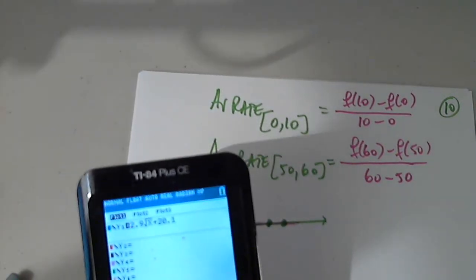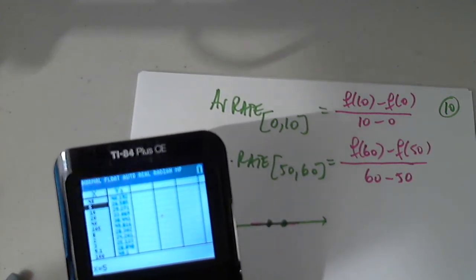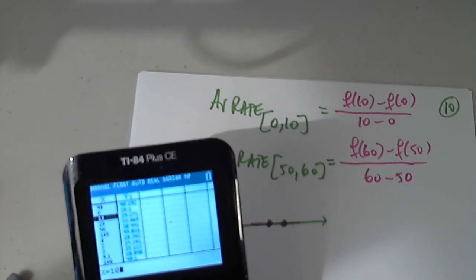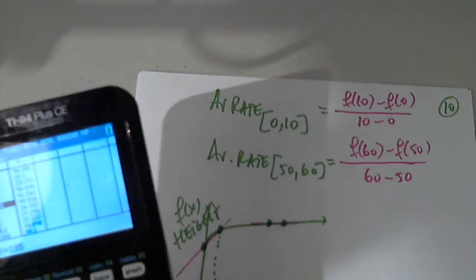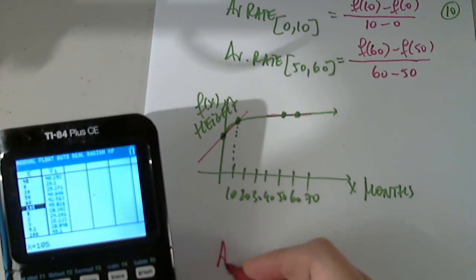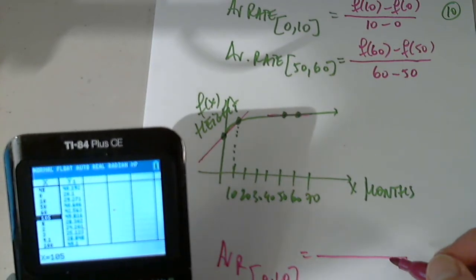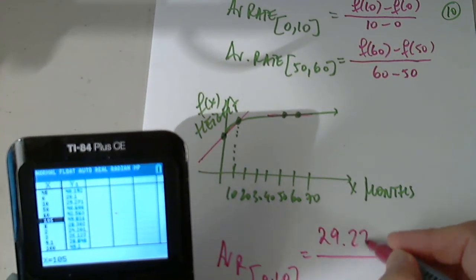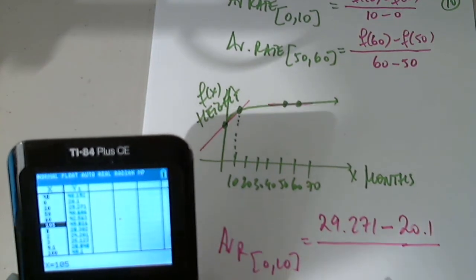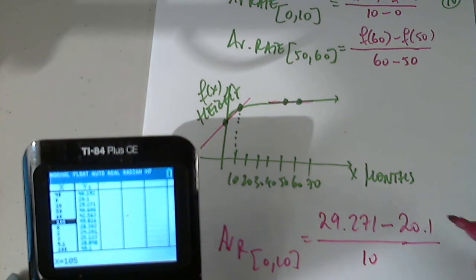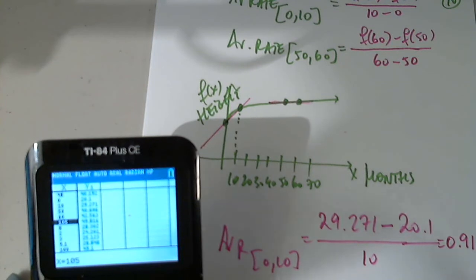I'm going to plug in the numbers in the calculator. We have the function already. So go to second and table and plug in the rest: 0, 10, 50, and 60. So between 0 and 10, I got for 10, 29.271 minus 20.1 divided by 10, which is 9.1, so 0.91.